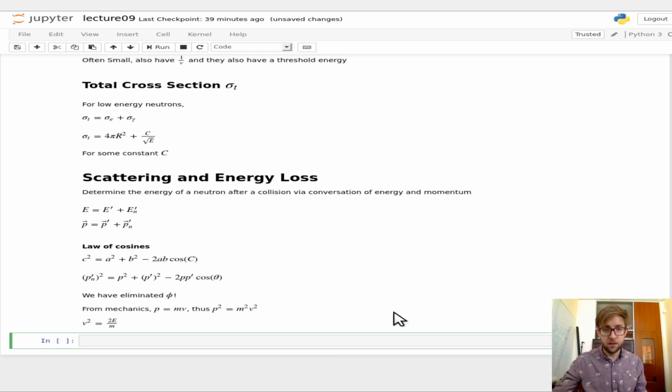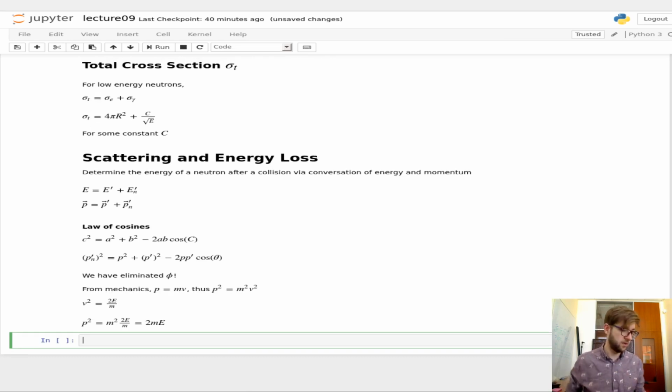So putting those pieces together, the momentum squared equals the mass squared times 2E divided by the mass, so one of the masses cancels, and you get 2 times the mass times the energy. So that's what the momentum squared is.